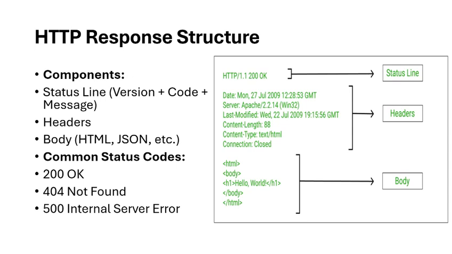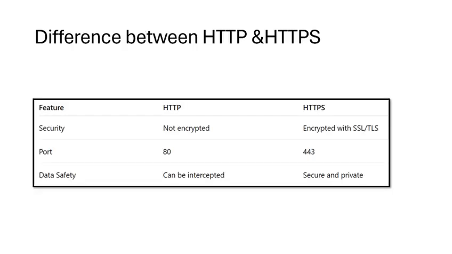What is the difference between HTTP and HTTPS? HTTP refers to Hypertext Transfer Protocol and HTTPS refers to Hypertext Transfer Protocol Secure. For HTTP the port number is 80 and for HTTPS the port number is 443. When it comes to security, in HTTP there is no security because the data is sent in plain text format.